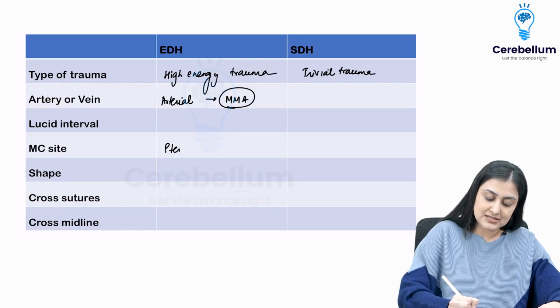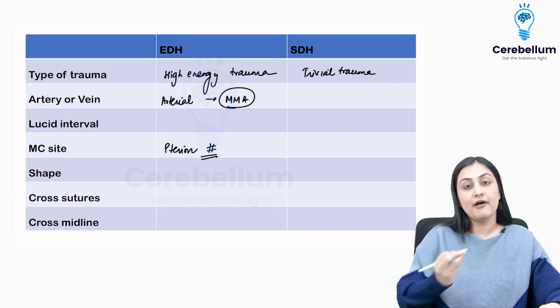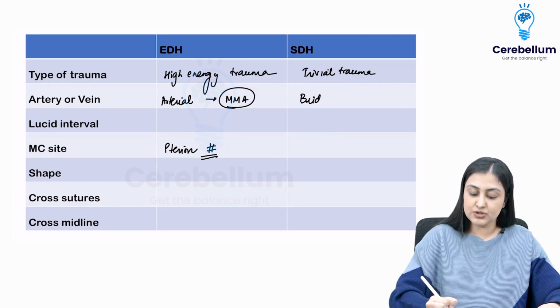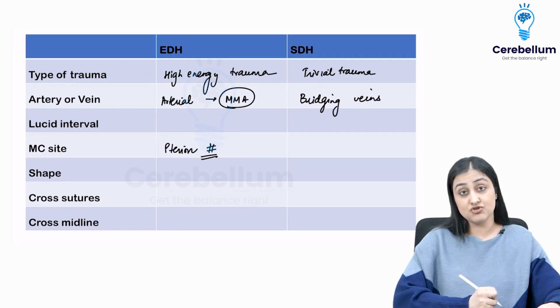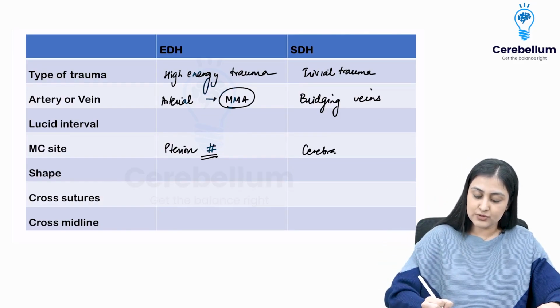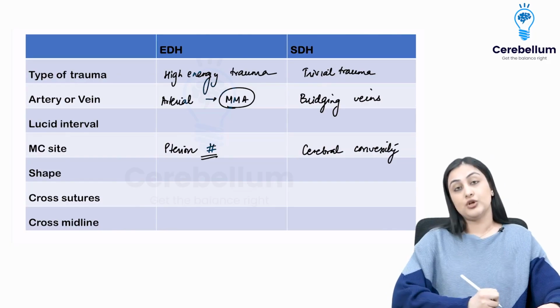So the most common site here is the pterion. Whereas SDH happens when you have injury to the bridging veins, and this is along the cerebral convexity. So the most common site of SDH is along the cerebral convexity.